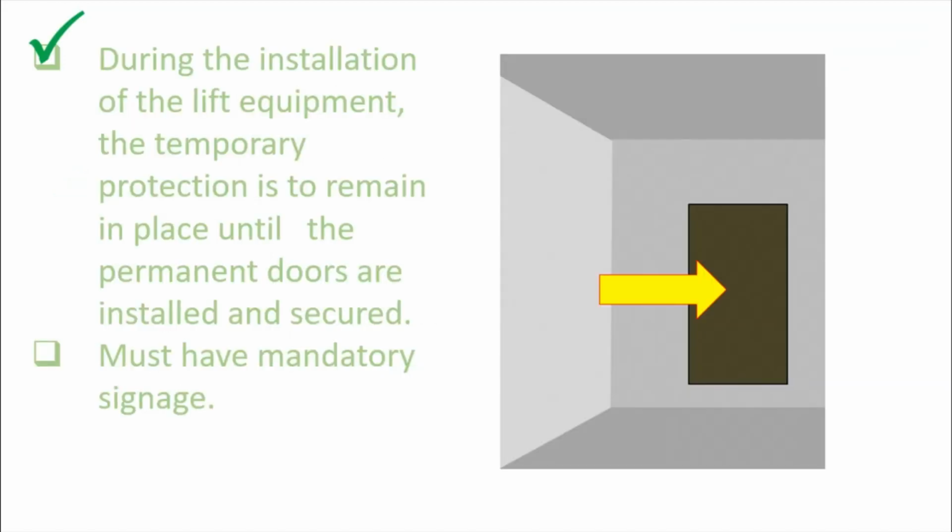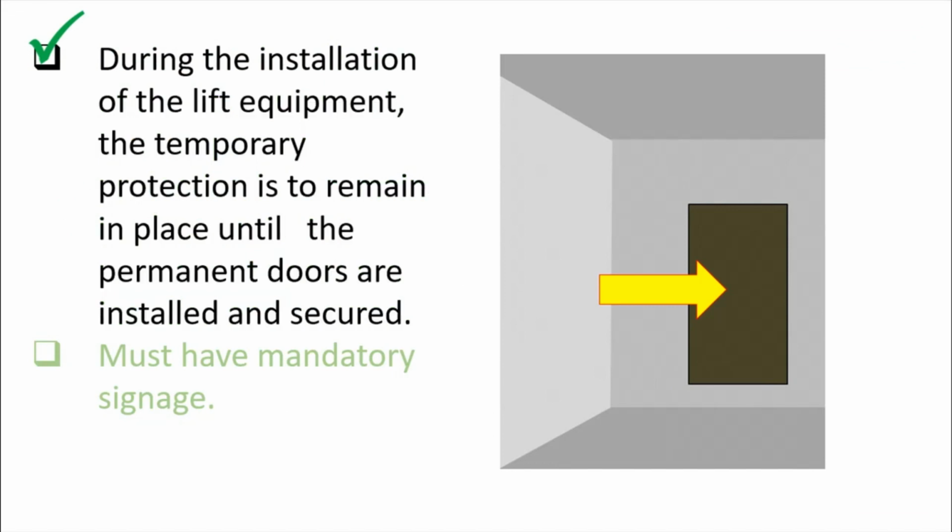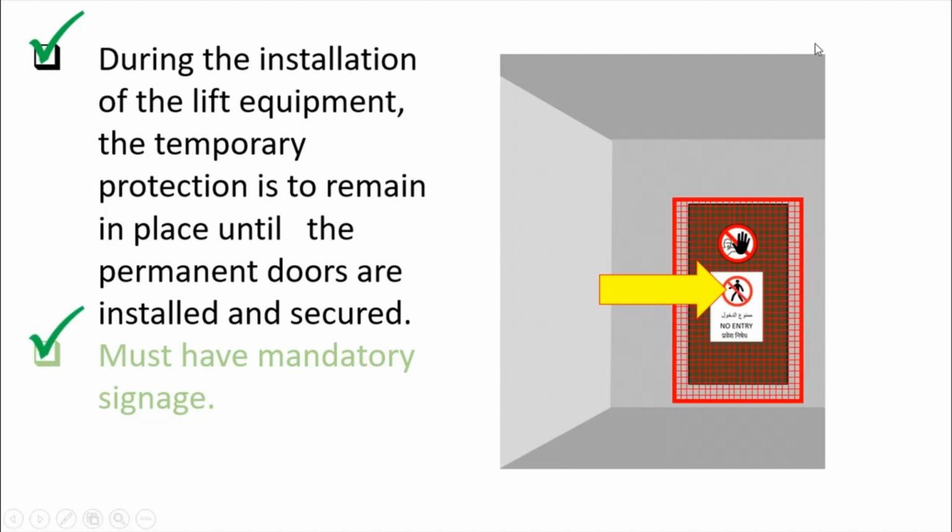During the installation of the lift equipment, the temporary protection is to remain in place until the permanent doors are installed and secured. So this temporary protection on the right should stay installed until the door is installed.